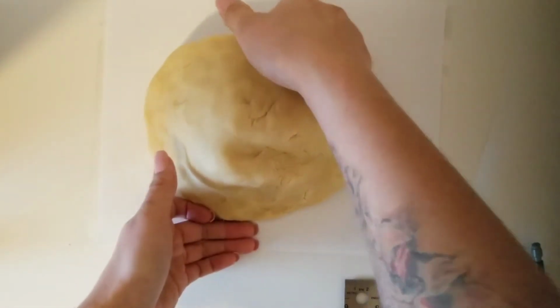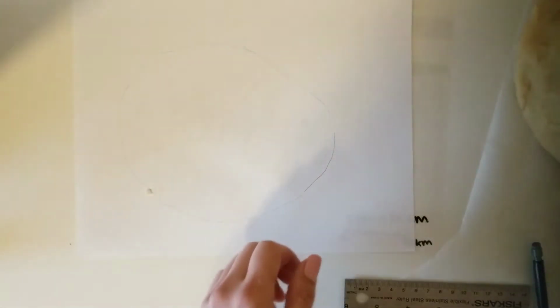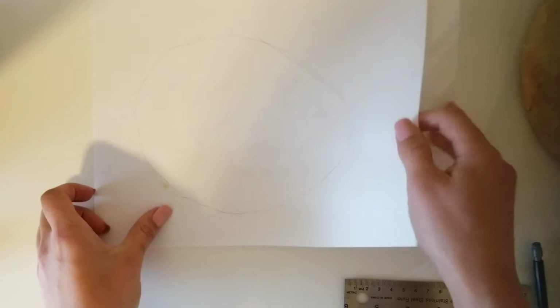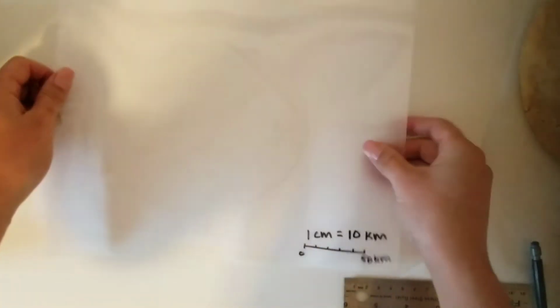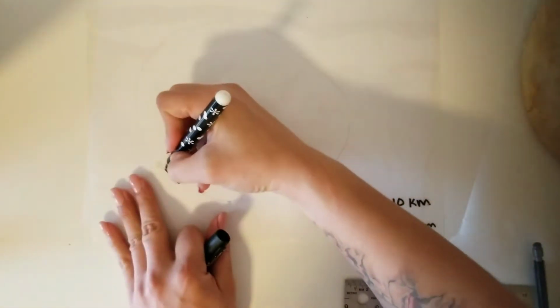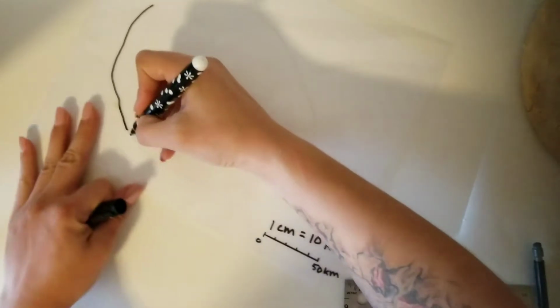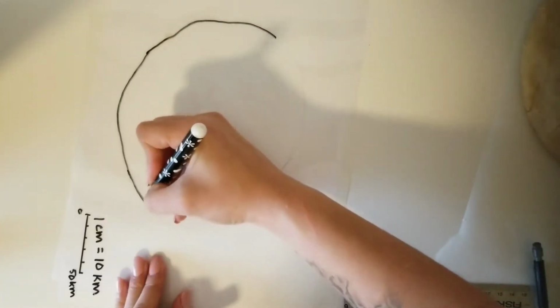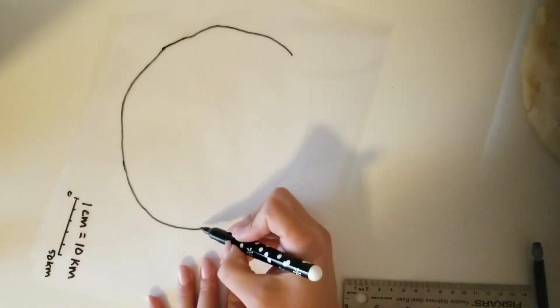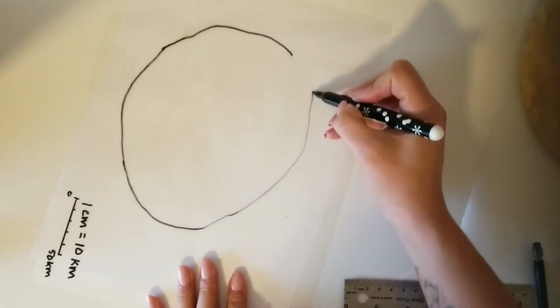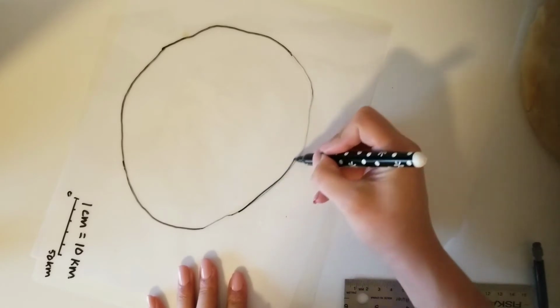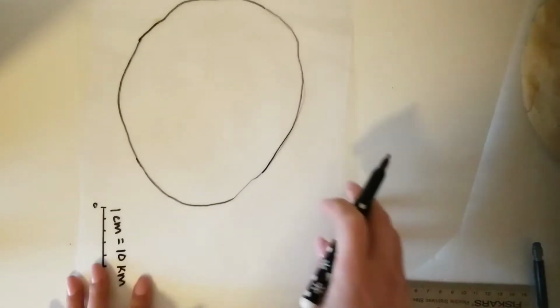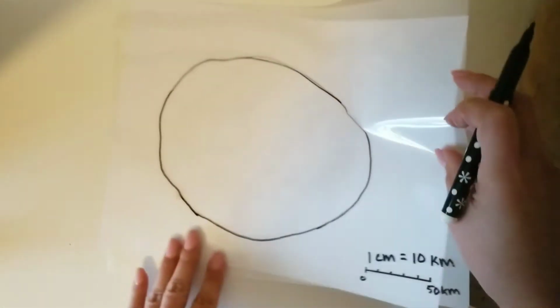So if I lift this guy up, I'm going to put it on my parchment paper right here. Now that's what the base of my mountain looks like. I'm going to put it back on this lamination sheet, and then I'm going to trace it out for you. Oops, I think I got a little bit of cookie grease on my marker, and that's okay.